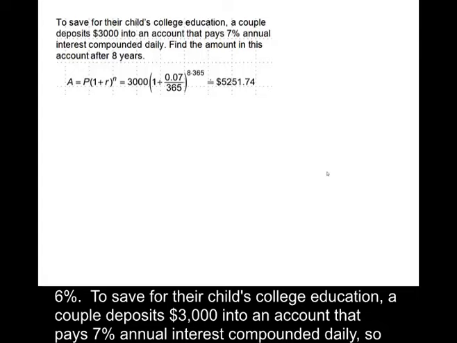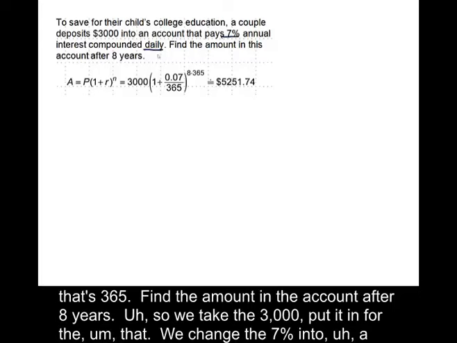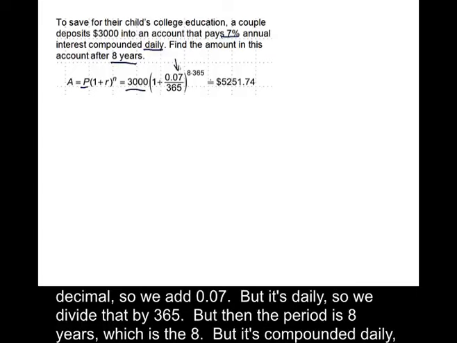To save for their child's college education, a couple deposits $3,000 into an account that pays 7% annual interest compounded daily, so it's 365. Find the amount in this account after 8 years. So we take the 3,000 and put it in. We change the 7% into a decimal, so we have 0.07, but it's daily, so we divide that by 365.